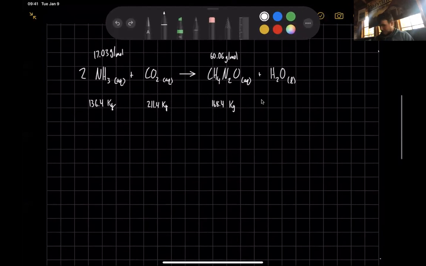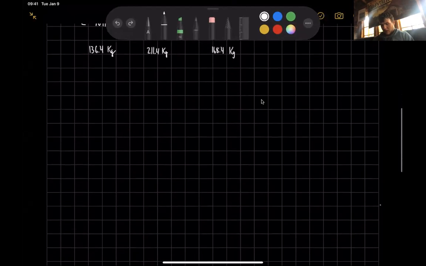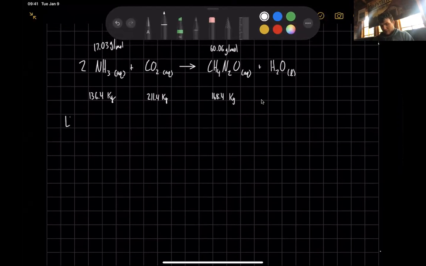Using all of this, we will start the problem. So we're looking for our limiting reactant, theoretical yield, and percent yield.